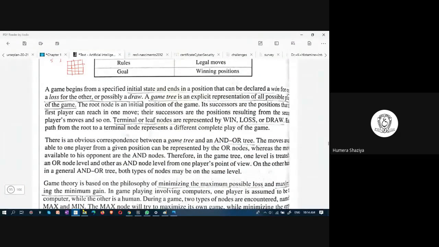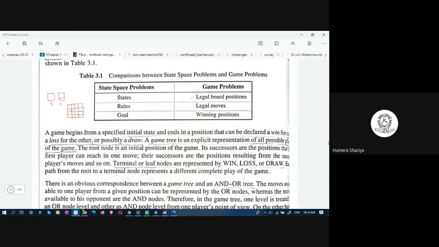Finally, we have the winning position in game playing, whereas the corresponding concept is the goal in a state space problem.